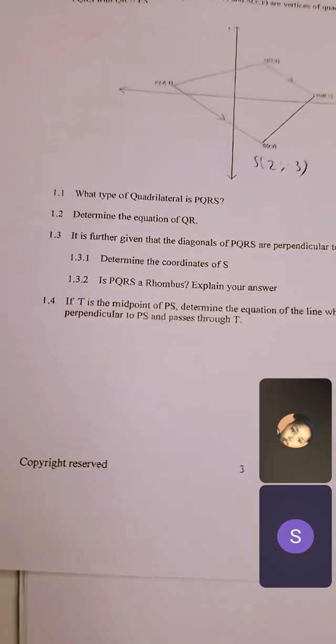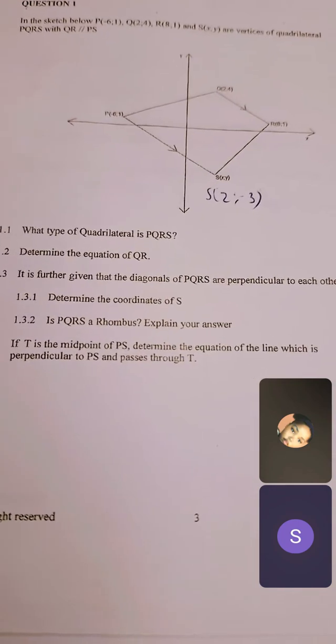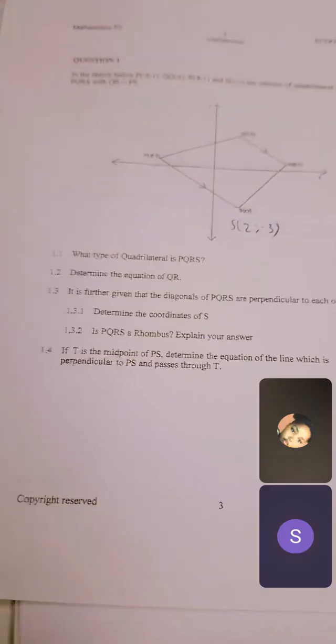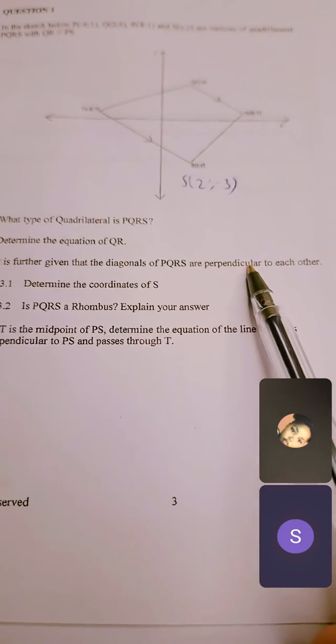If it would have happened that your midpoints are shared, remember, it would mean two things. It would first mean that your diagonals are perpendicular.